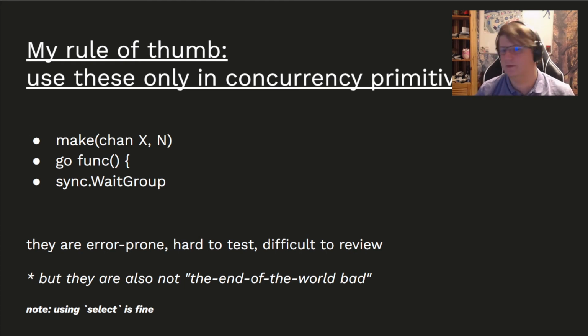But if there's code that uses them, then it's usually fine. It's not the end of the world either. But like the examples I already showed, people can easily make mistakes with them.